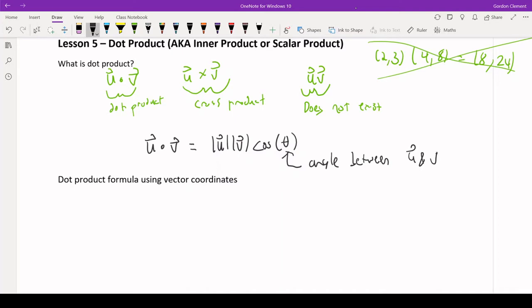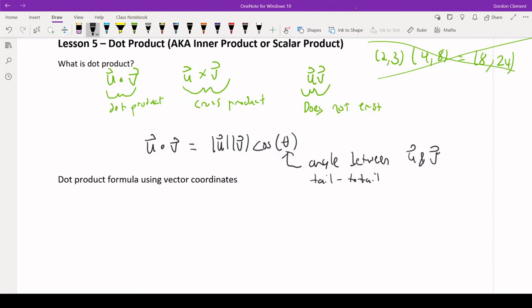Specifically, when I say the angle between two vectors, it's always when they're drawn tail to tail. Our default way to represent vectors is to have them starting at the origin, so they'd be drawn tail to tail. Theta would be the angle between the vectors there. That's how we're going to define the dot product.